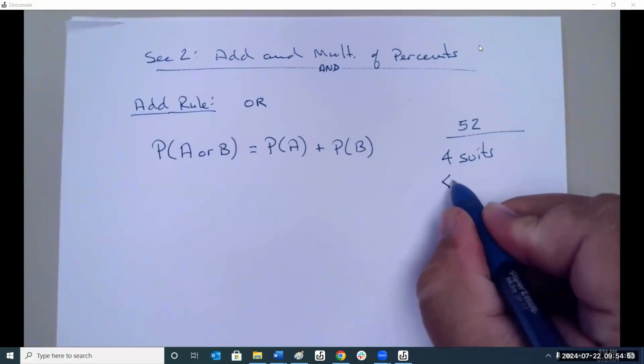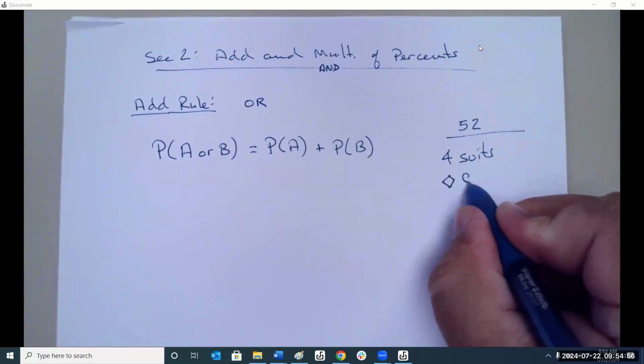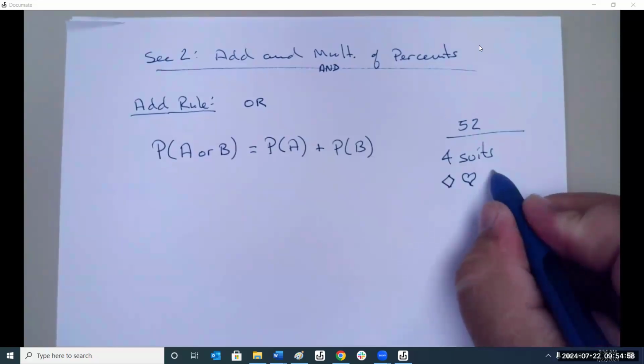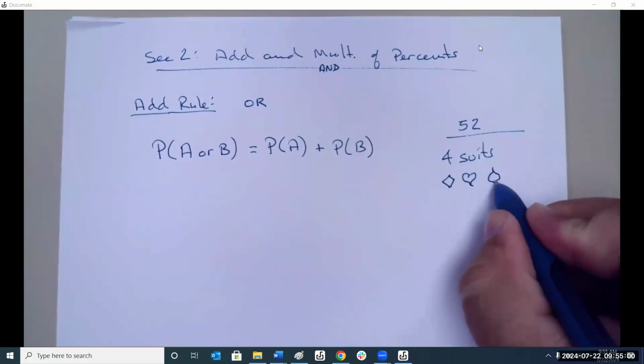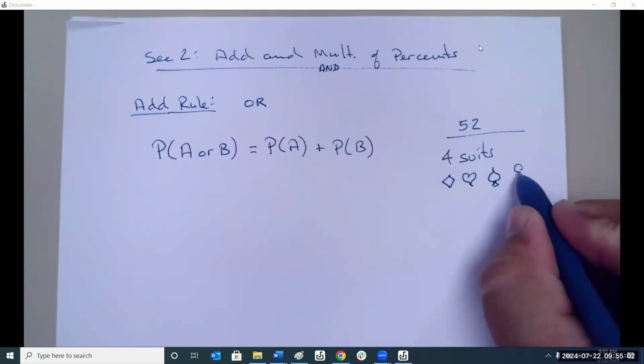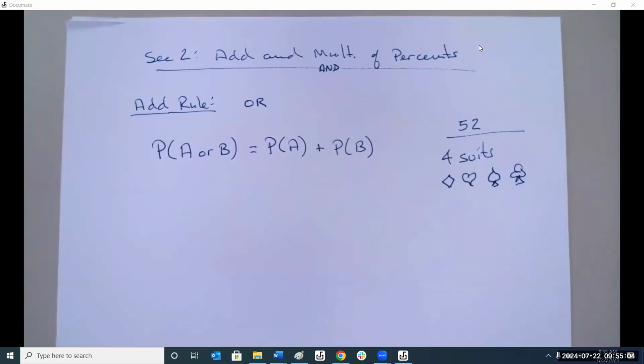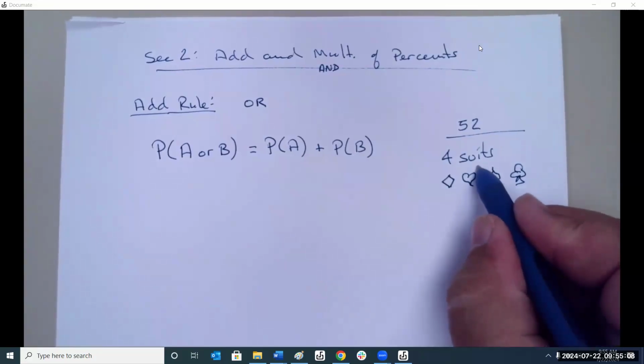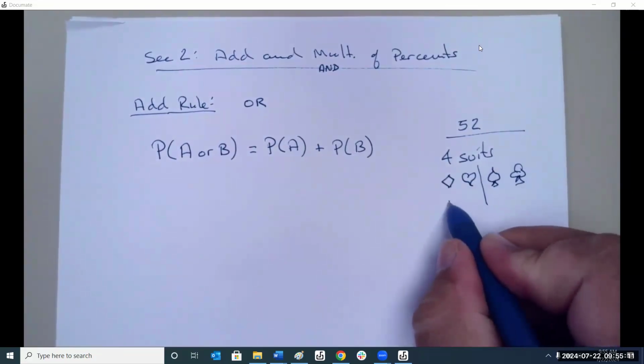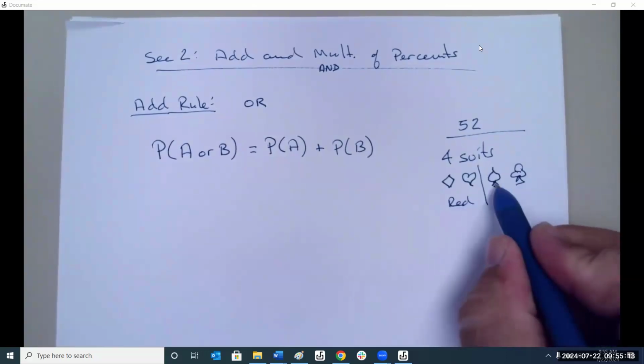You have the diamonds, you have the hearts, you have the spade, and then you have the club. The diamonds and the hearts are red cards. The spades and the clubs are black cards.